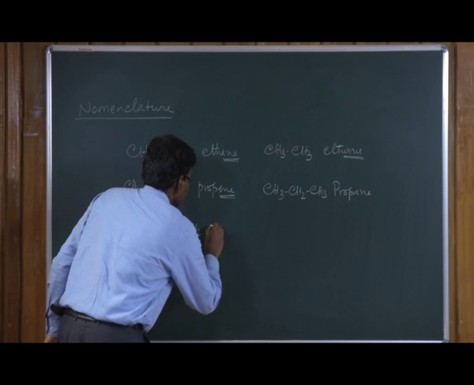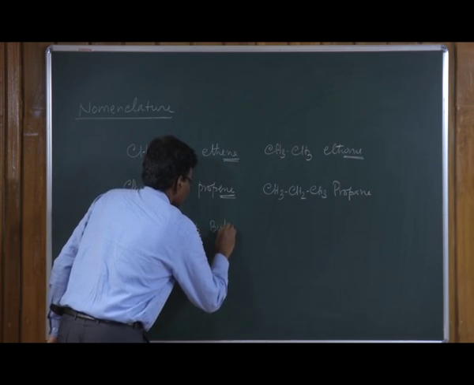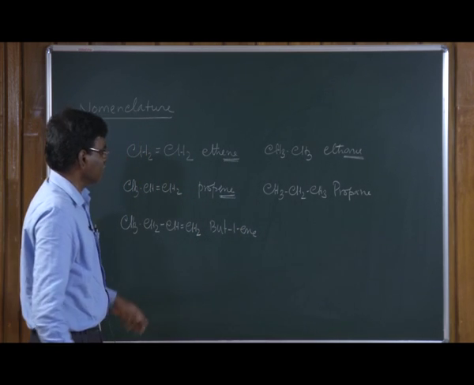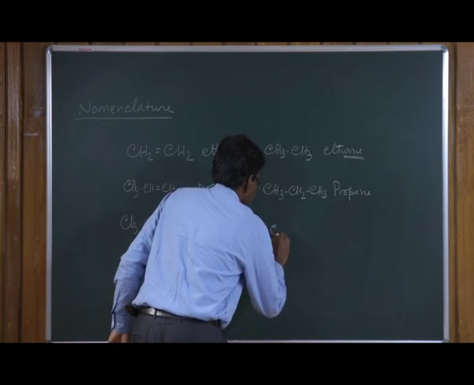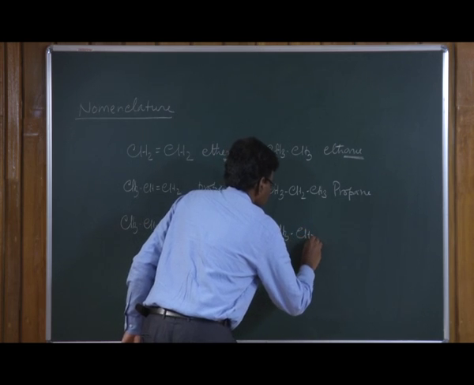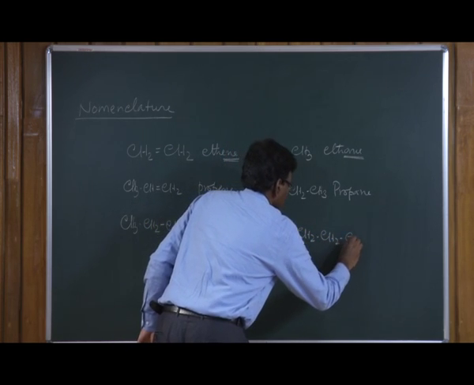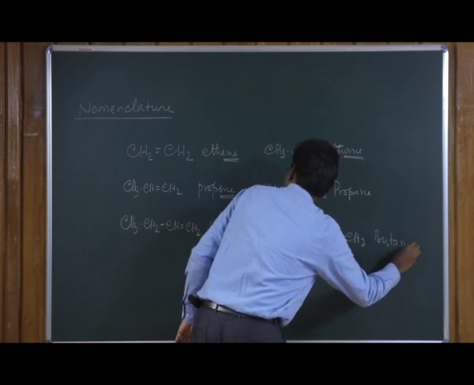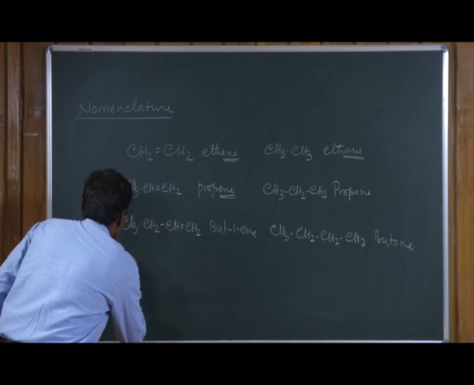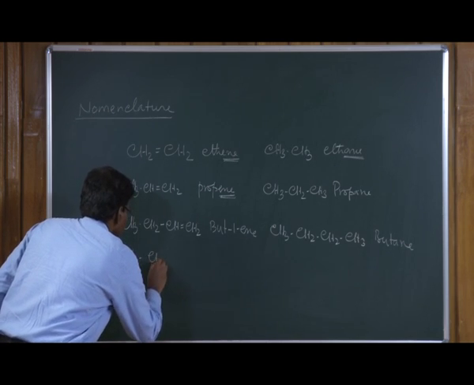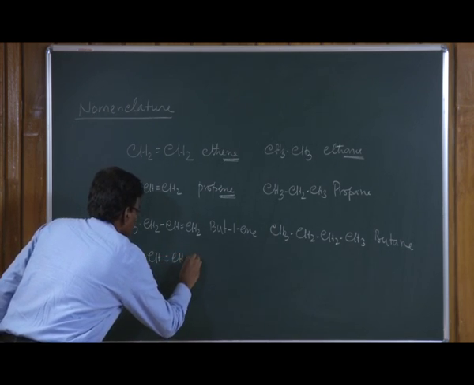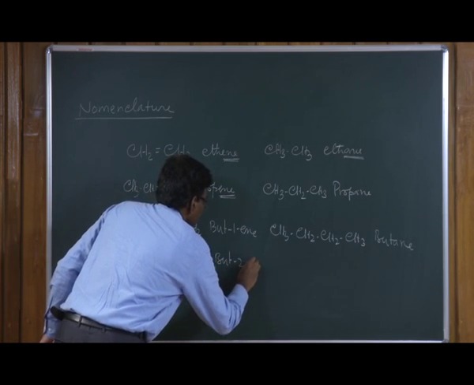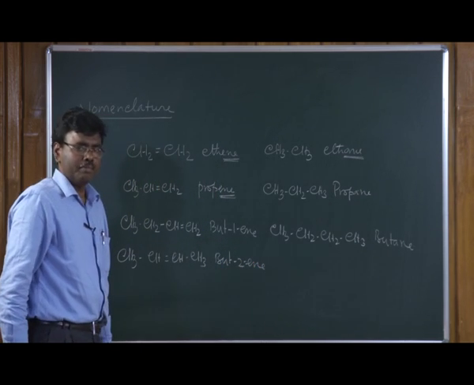This is known as but-1-ene. The one refers to the position of the double bond. The corresponding alkane is butane. The other isomer is this, which is but-2-ene.